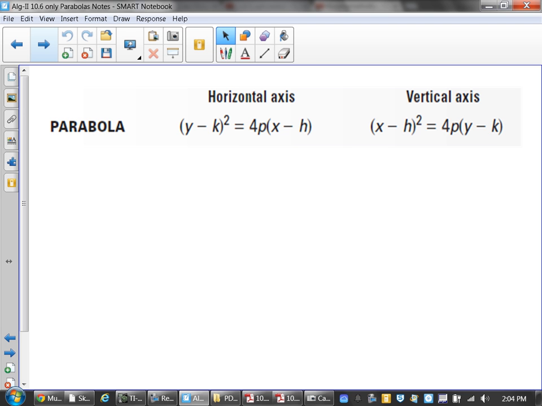Same idea, it's x minus h quantity squared equals 4p, and then y minus k. And what's nice about this, the h and k here now represents the vertex. H and k is going to be your vertex.